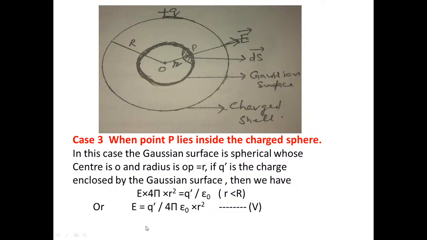So E is equal to q dash upon 4 pi epsilon naught into r square. So the electric field intensity at point P, when point P lies within the sphere of charge, is equal to q dash upon 4 pi epsilon naught into r square.